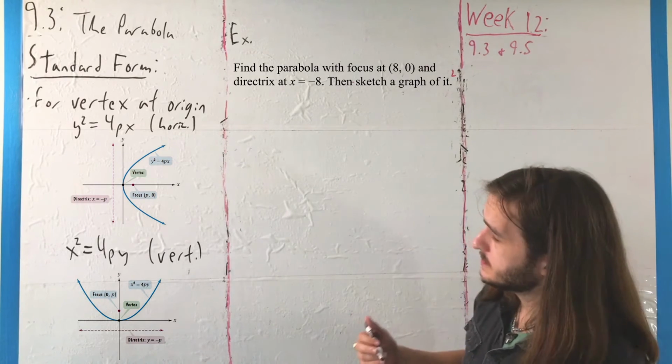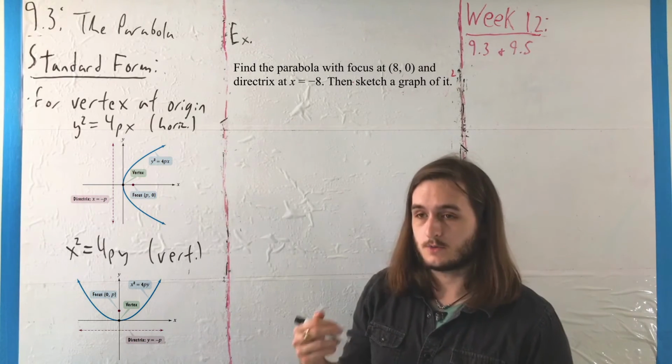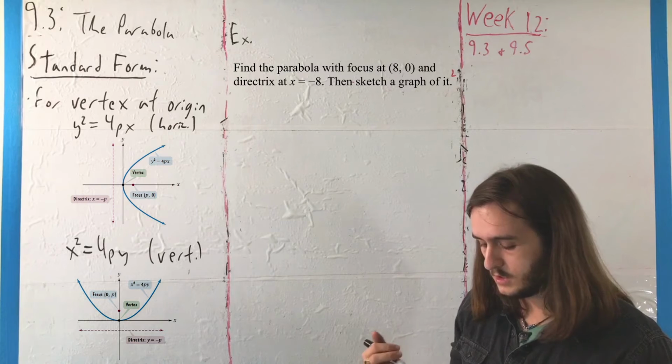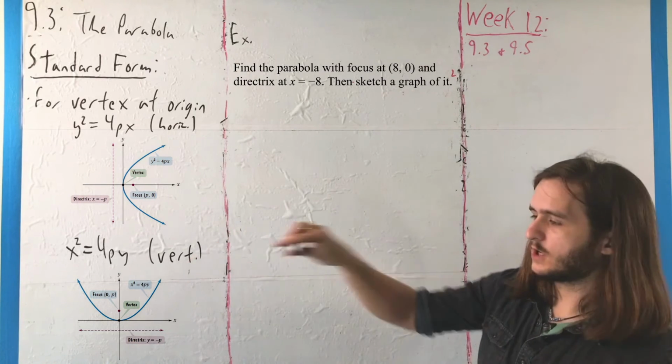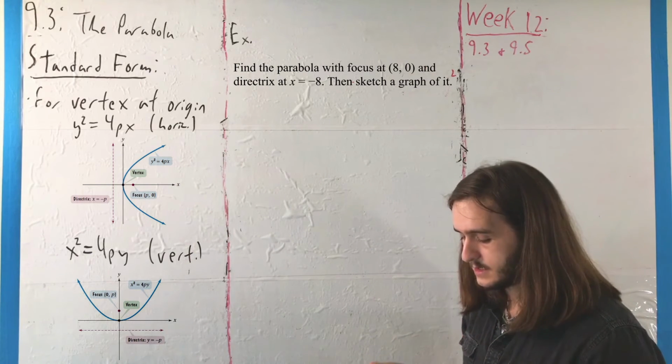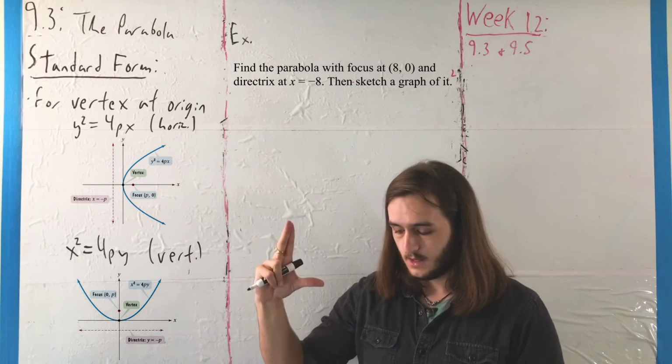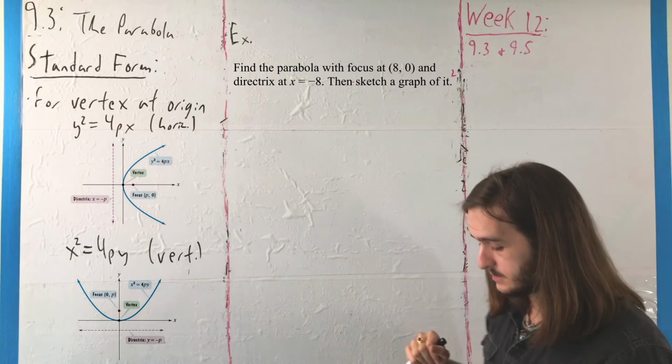So in this case, based on how our focus and directrix are given, they're both given in terms of x values in some sense. We know that they're both going to be occurring along the horizontal axis, and as a result, our parabola is going to be opening sideways.